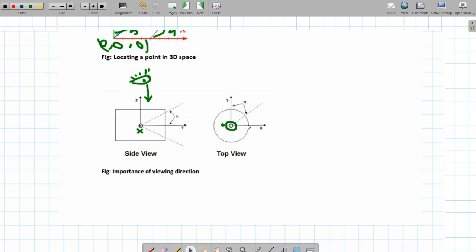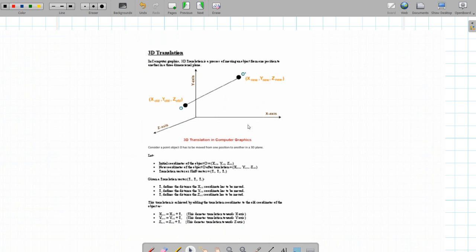You are going to use these concepts while you study rotation in 3D. For today, we are going to study only translation, the simplest one.